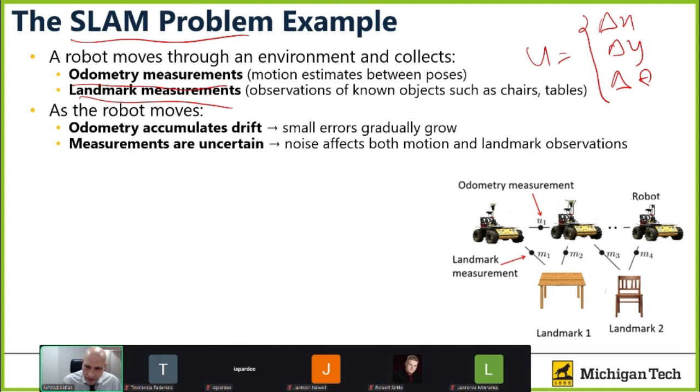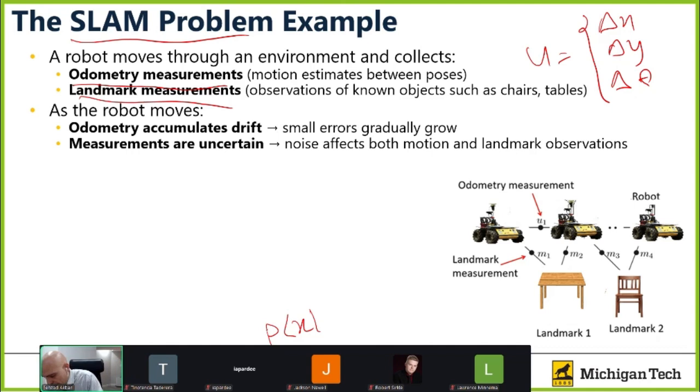We have odometry measurements and landmark measurements, and we want to make a factor graph. First, we need to implement the posterior density, the probability of x. What is x? Actually, not just x.